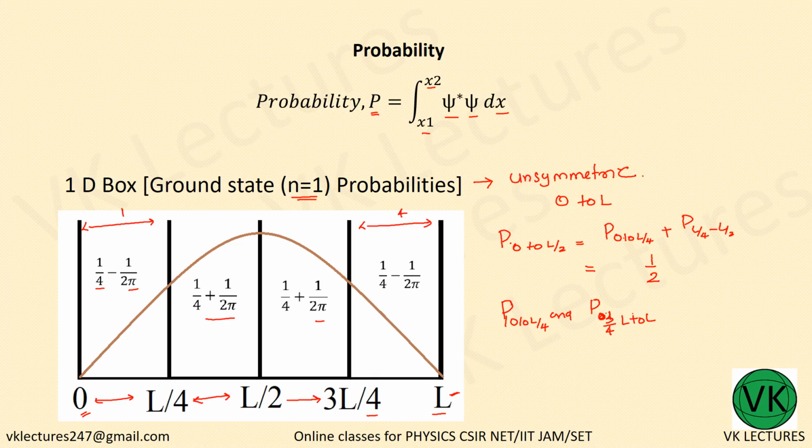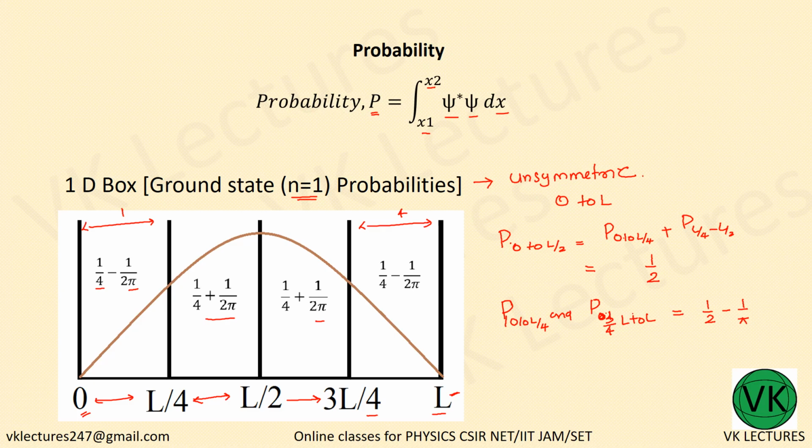So for the first and fourth regions, the probability is 1 by 4 minus 1 by 2 pi plus 1 by 4 minus 1 by 2 pi. That will be equal to 1 by 2 minus 1 by pi. So this is how you can get the probability.